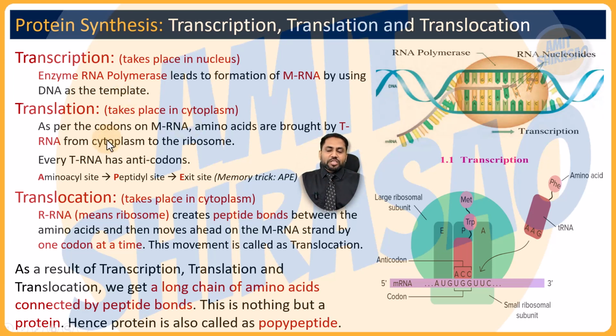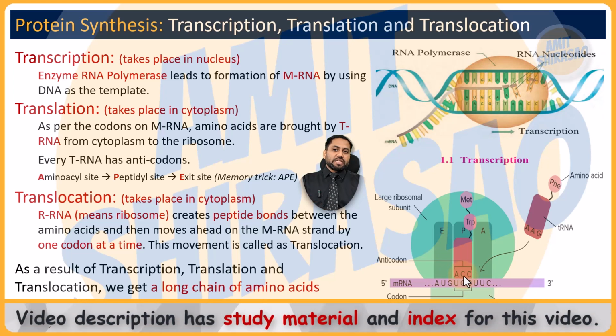So now translation means what? As per the codons on the mRNA, the amino acids are brought by the tRNA from the cytoplasm to the ribosome. Okay, and every tRNA has anticodons, and that's why it is possible. So these anticodons match with the codons of the mRNA. So if mRNA has UGG, then U always connects with A, G always connects with C, G always connects with C. So the anticodon that can connect over here is ACC.